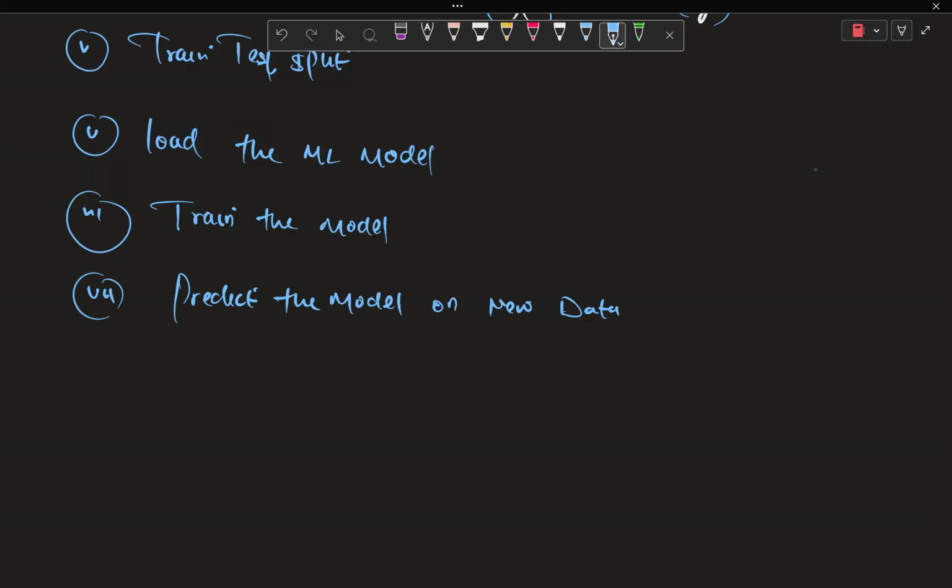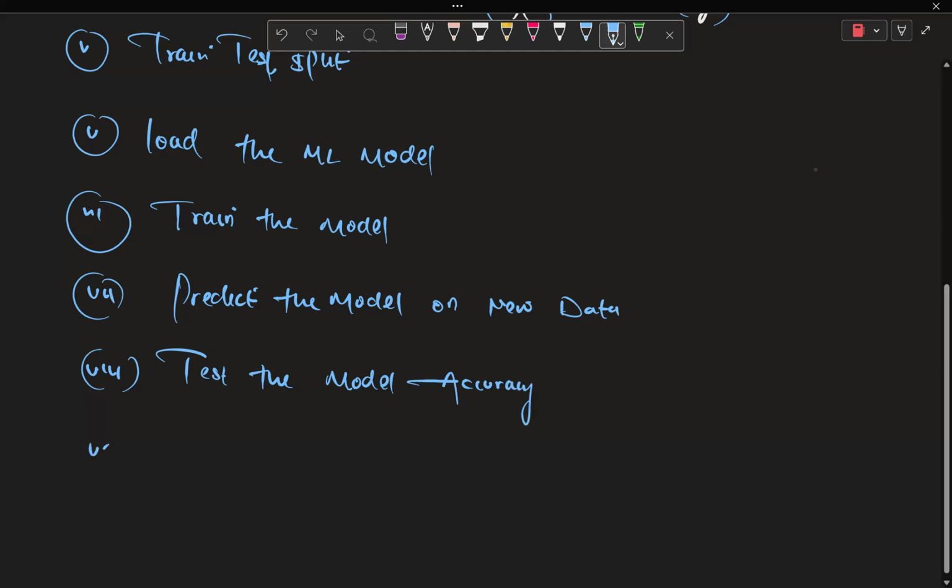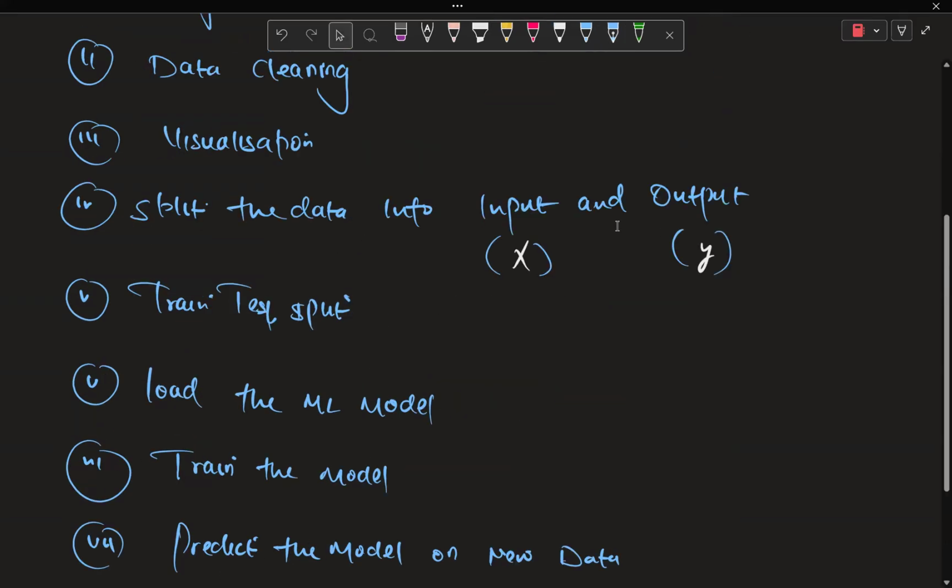You will make some sort of prediction and then test the model accuracy. And then you compute the loss. So these are some of the steps involved, guys.